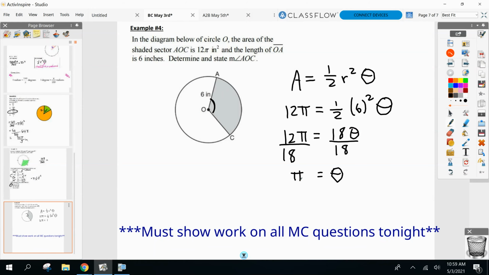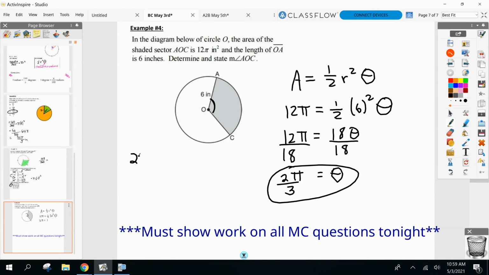And 12 over 18. You can leave it 12 over 18, or you can reduce it for me if you want. 12 over 18, what's it reduced down to? 2. So 2 pi over 3 would be an acceptable answer in radians. What is 2 pi over 3 in degrees? I don't know.